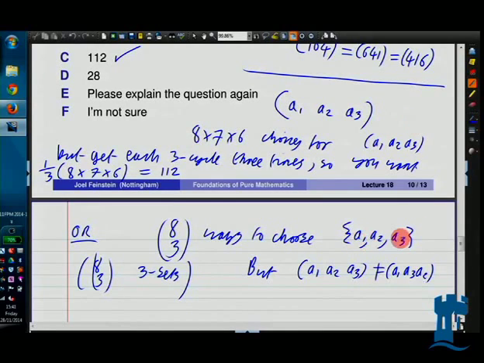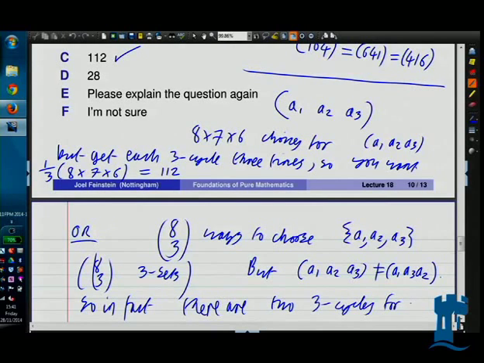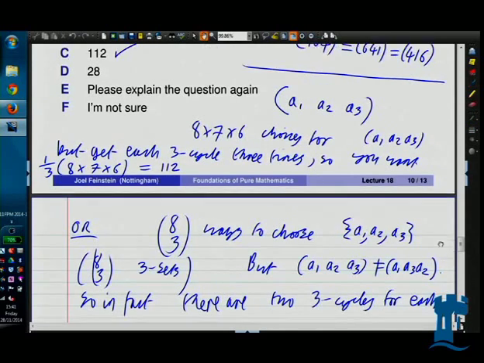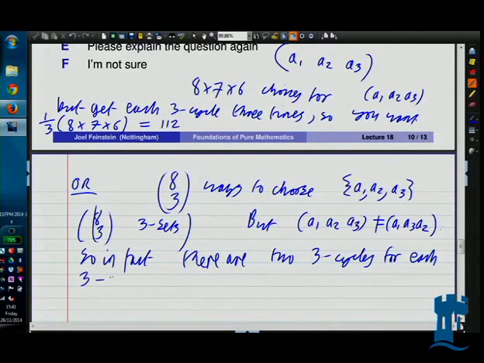So you get 2 cycles for each 3 set that you decide to cycle. So in fact, there are 2 free cycles for each 3 subset. And 2 times 8 choose 3 is also equal to 112, I'm pleased to say.